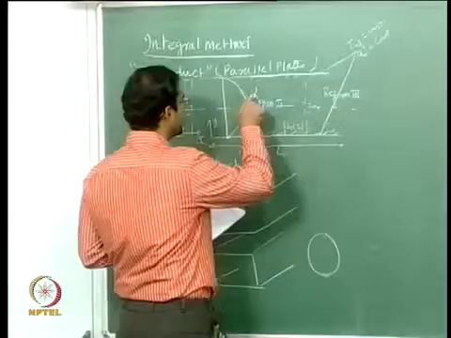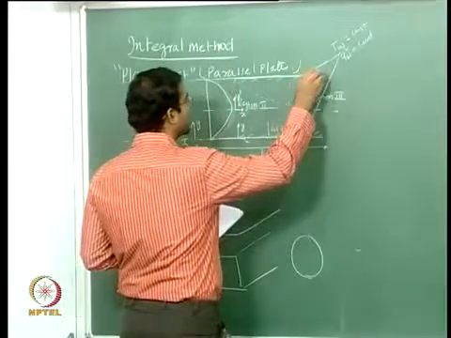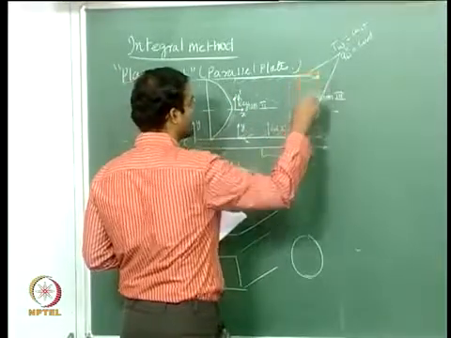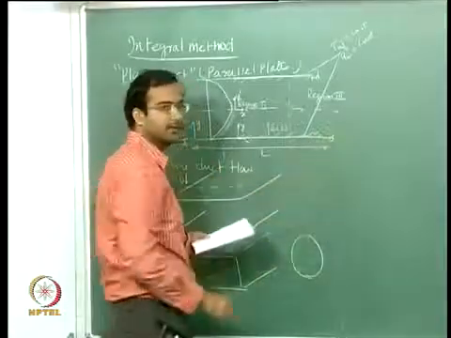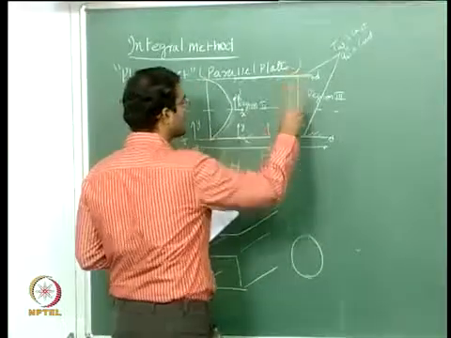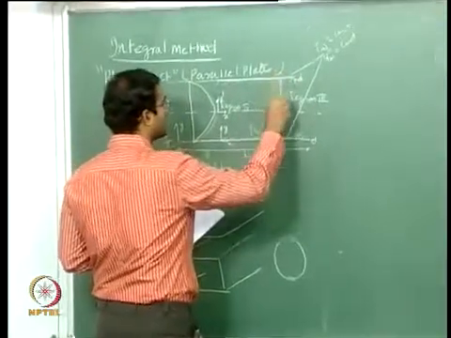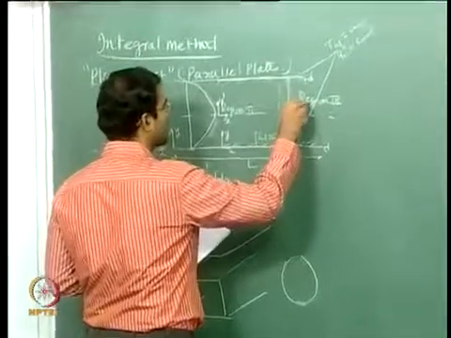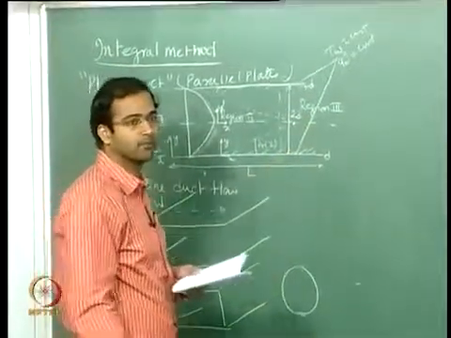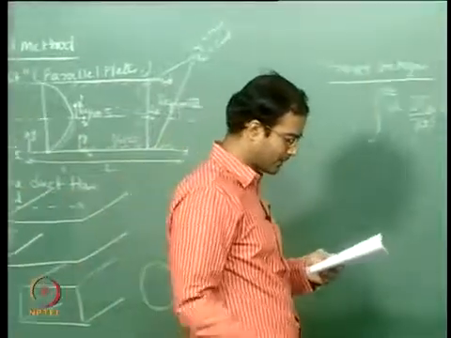From the center of the plate, this is at a distance of plus d and this is at a distance of minus d. So the total height of the separation between the two plates is 2d. This is basically my coordinate system.